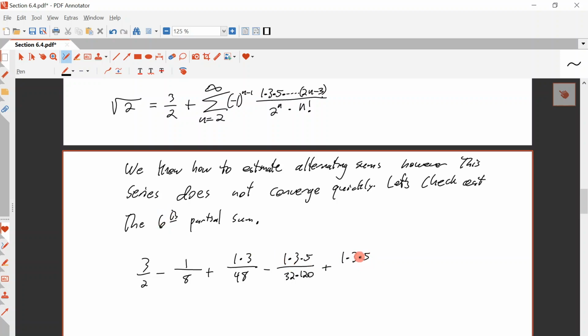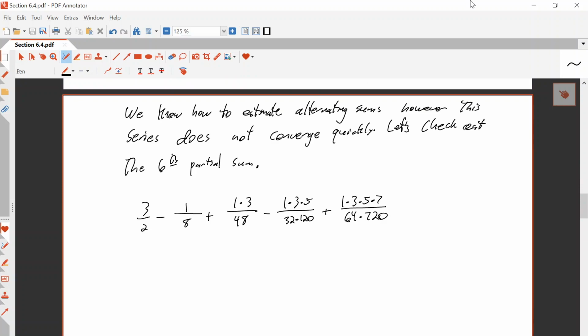Let's do the 6th partial sum. 2 to the 6 is 64, and 6 factorial is 720. So let's give that a quick calculation.